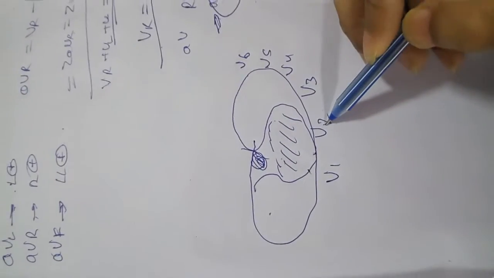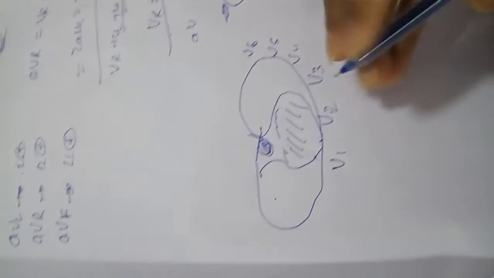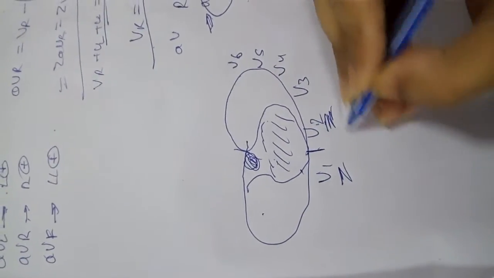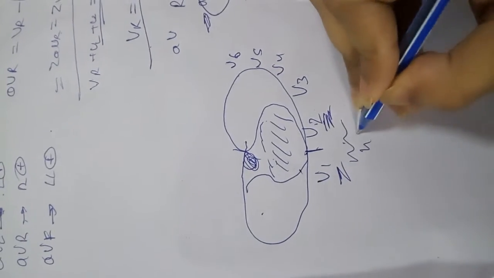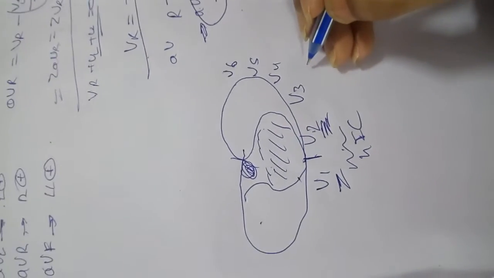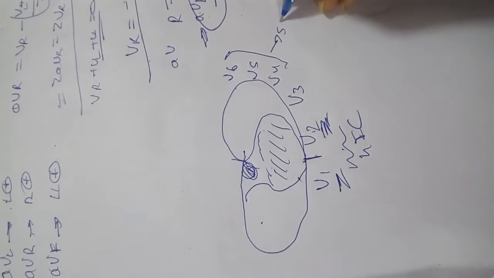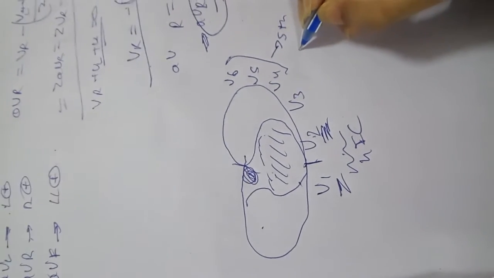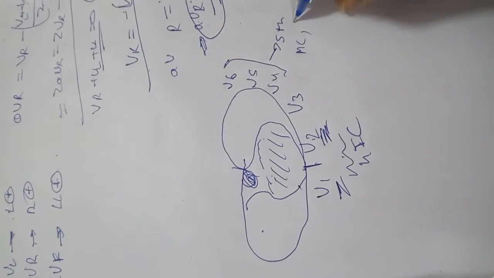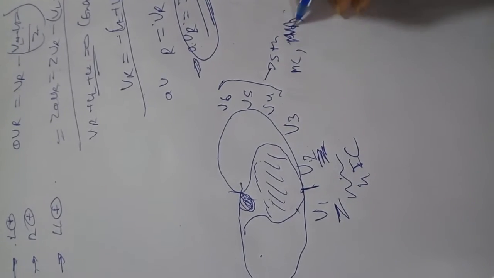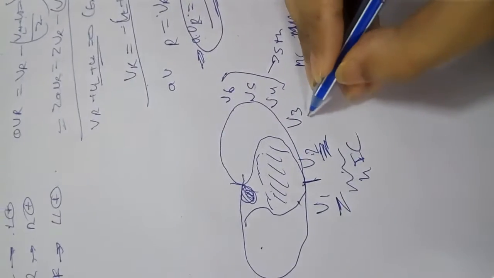V1 and V2 are in the fourth intercostal space. This is at the right of the sternum, this is at the left of the sternum. V4, V5, V6 are in the fifth intercostal space. V4 is mid clavicular, next is anterior axillary, and final is mid axillary.